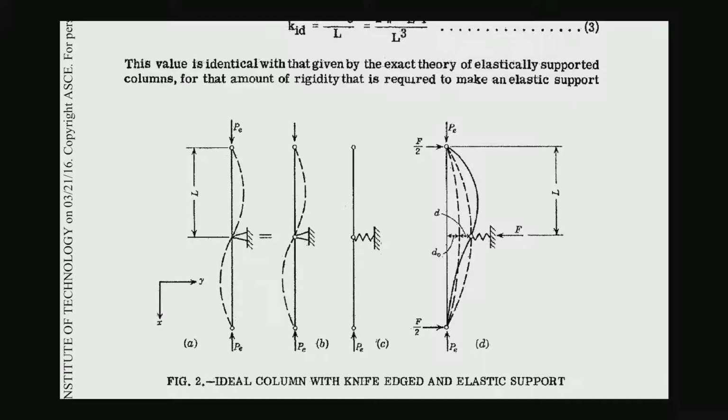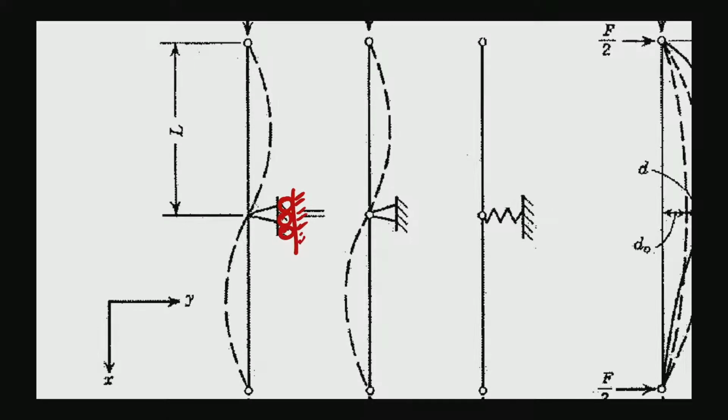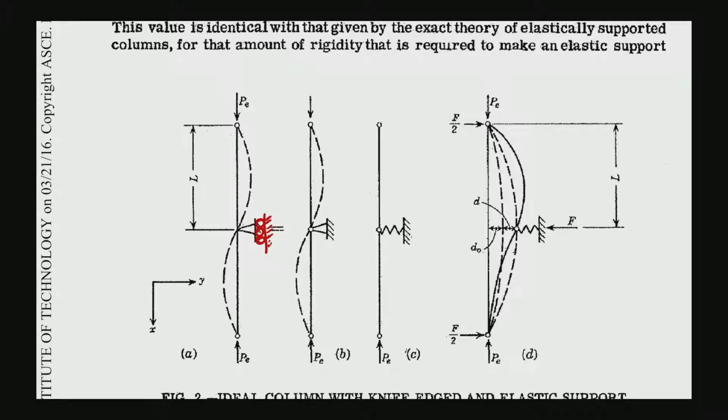But in reality, you will not have the brace. Actually, this is not quite correct. It was supposed to be this roller instead of this pin, because the pin gives you the perception that restraint against the vertical displacement is going to be provided by that pin support, but it should be a roller like this.